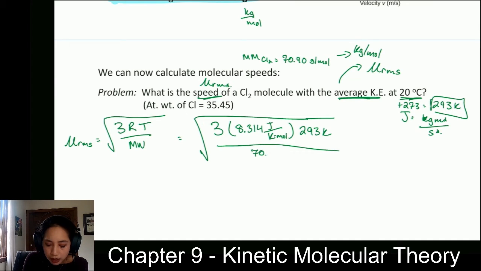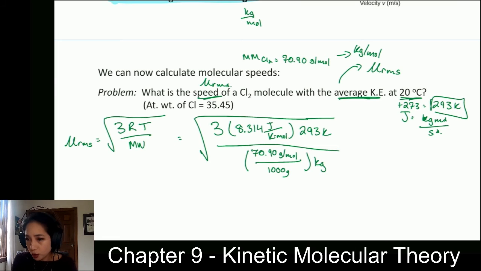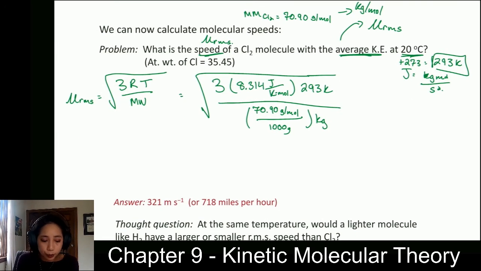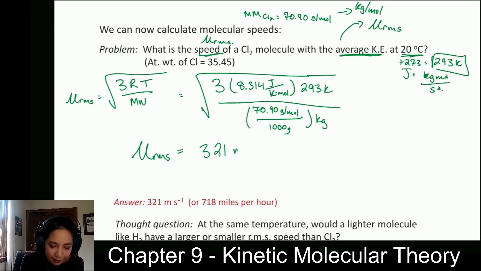So I'll do that here in the problem. 70.90 grams per mole over 1,000 grams gives you 1 kilogram, and so those units will all cancel out. If you stick all of these values in your calculator and take the square root of that, you'll get that your root mean squared velocity is, I have it right there, 321 meters per second, or about 700 miles per hour, to put it into perspective.